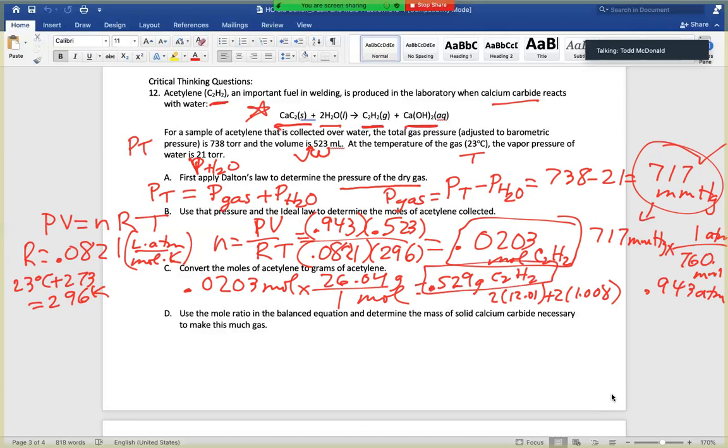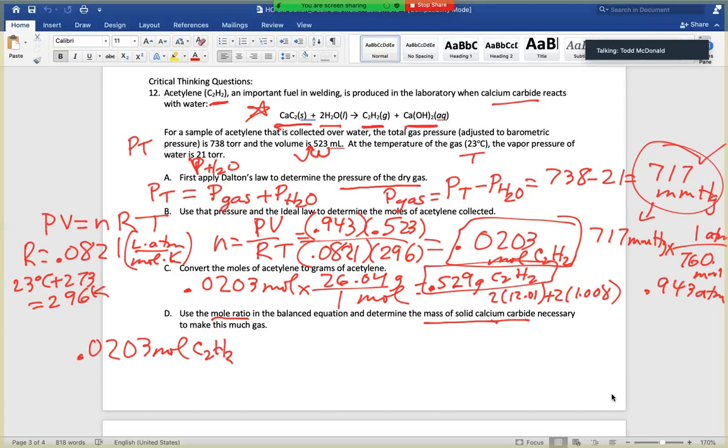And then we have one more question here. It says use the mole ratio to determine the mass of solid calcium carbide that was necessary to make this much gas. So here's what we're doing. We know we have 0.0203 moles of C2H2 produced.